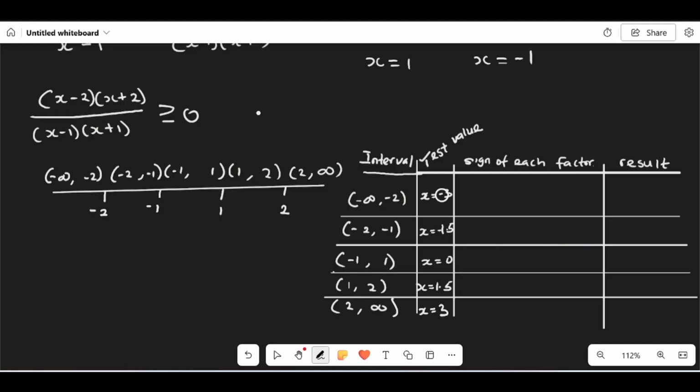If we insert minus 3 into this one, it will be minus 3 minus 2. We are going to have minus 5. That means our sign is minus. If we insert minus 3 here, we have minus 3 plus 2, which is minus 1. Our sign also is minus.